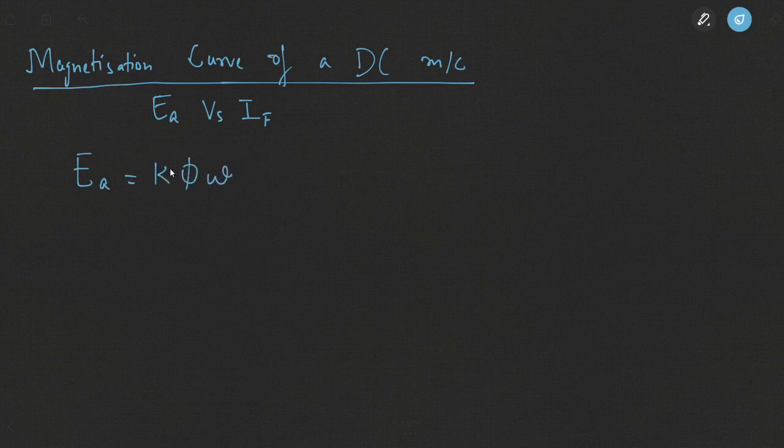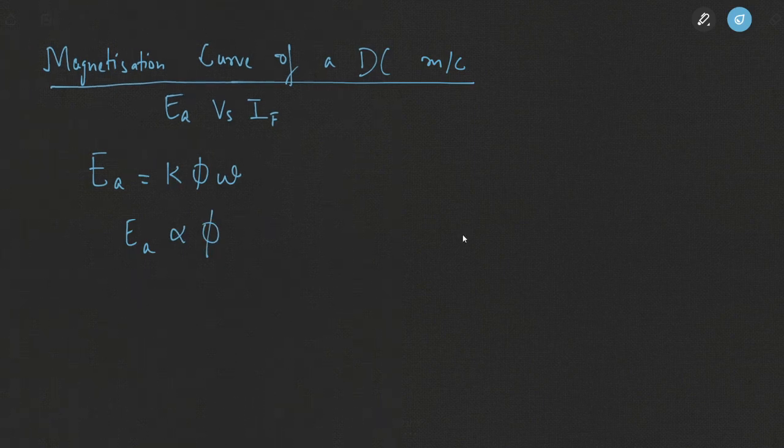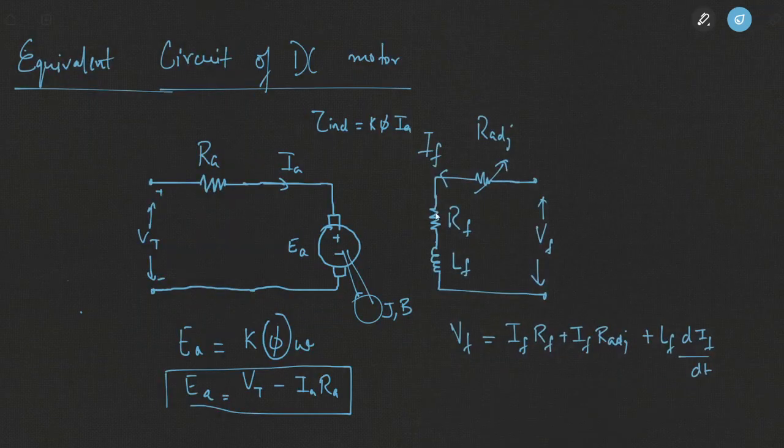So if we say omega is constant, in that case EA is proportional to the flux of the machine. Flux of the machine is basically generated by the field windings. So as already told you before also, greater the IF, greater will be the flux, greater will be the EA. Lesser the IF, lesser will be the flux produced, lesser will be the EA.